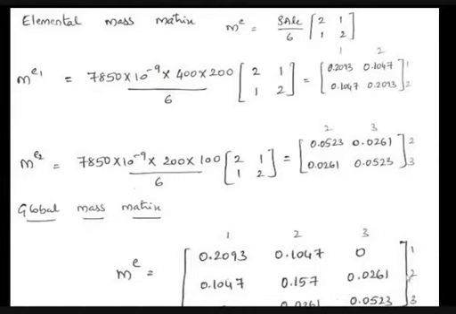Next, 2 cross 2: 0.2093 plus 0.0523, so that will be 0.2616. Next one is 3 cross 2, which is 0.0261, and 2 cross 3 is 0.0261. 3 cross 3 is 0.0523. So I've got the global mass matrix.